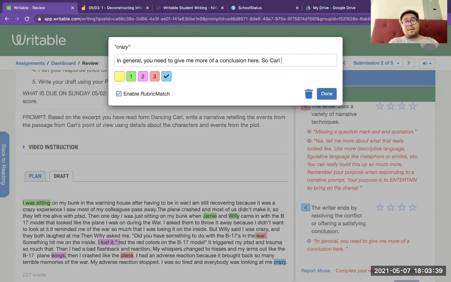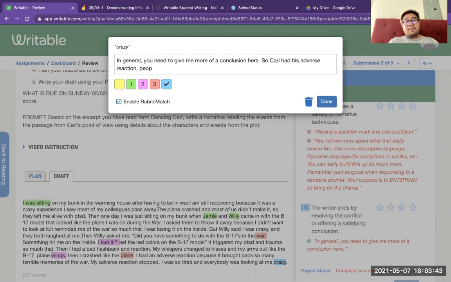So Carl had his adverse reaction. People were looking at him like crazy, etc. What else happened?